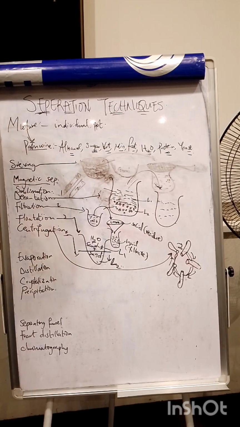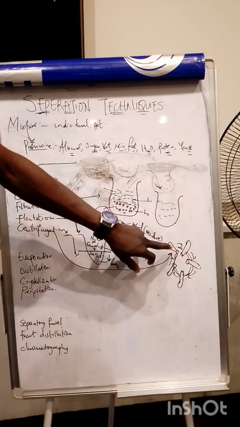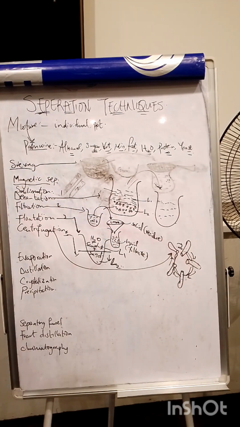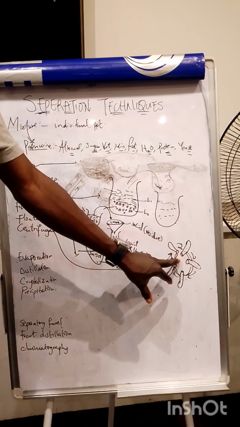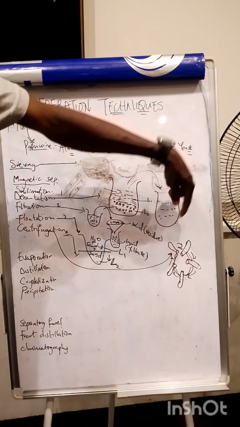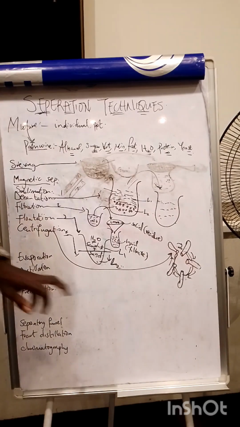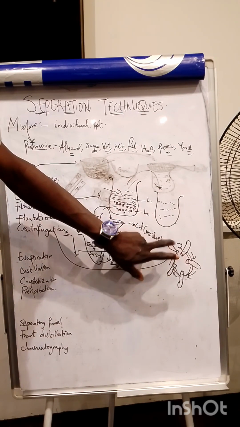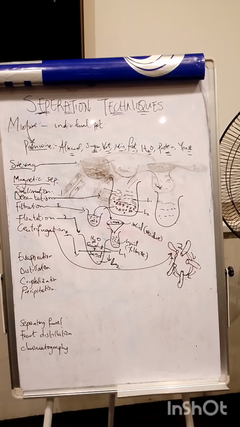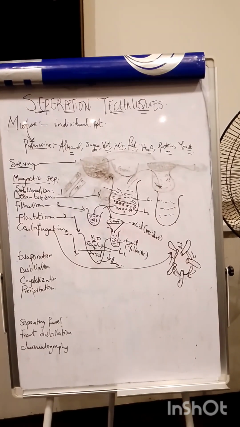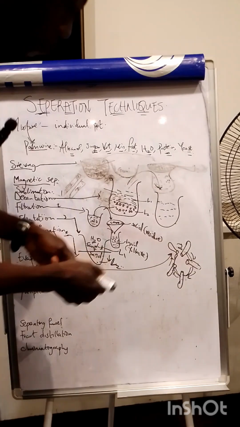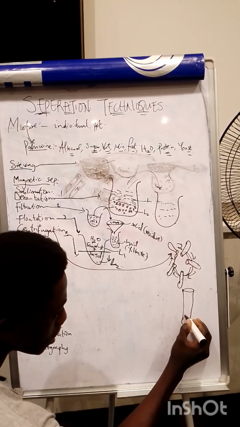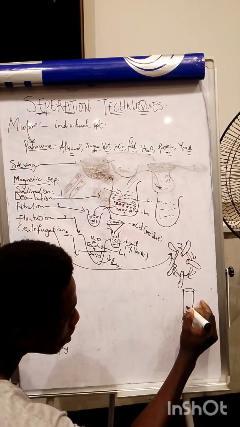When it spins the test tubes at great speed, it will affect the particles inside the test tube. Let's draw it out. This test tube has your solid and liquid mixed.